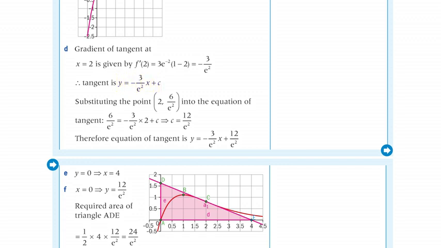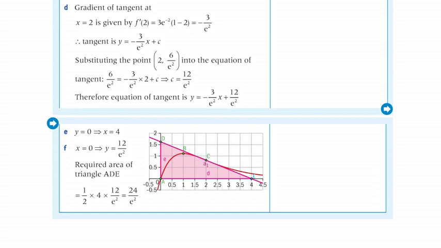Since we know the coordinates of the point of inflection, we can substitute for x and y to obtain a value for c. 6 divided by e squared equals negative 3 divided by e squared multiplied by 2 plus c implies c equals 12 divided by e squared. Therefore, the equation of the tangent is y equals negative 3 divided by e squared x plus 12 divided by e squared.